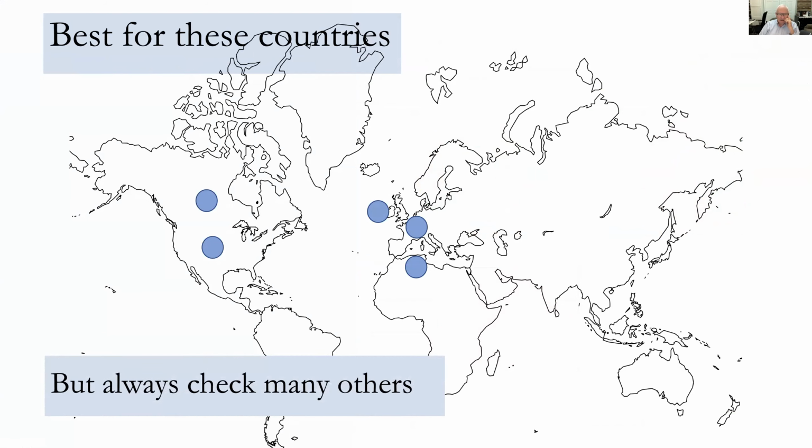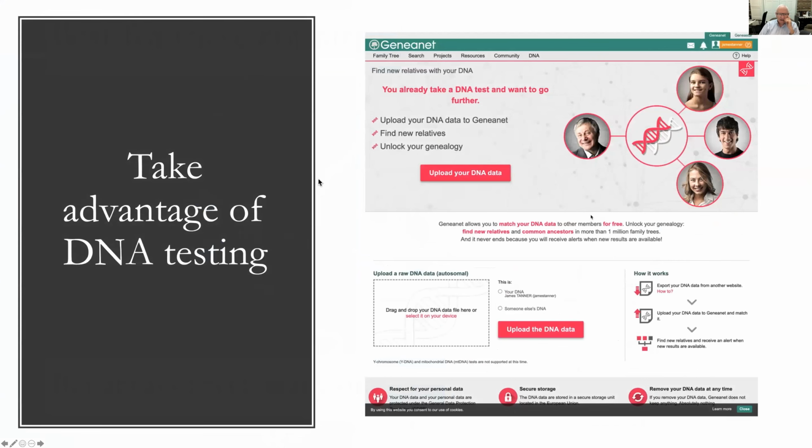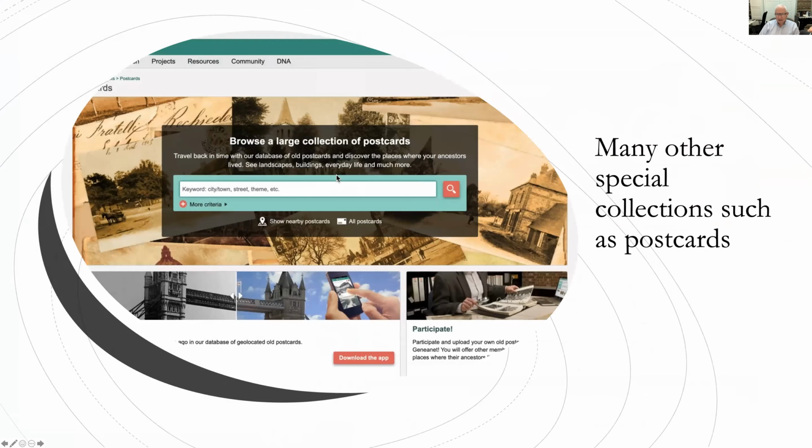But always check many others. There are many other records. You can also do DNA testing through these websites. And these have, for example, a special collection of postcards from all over Europe and primarily France. But just kind of interesting things beyond just that.